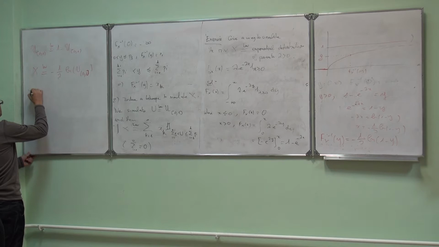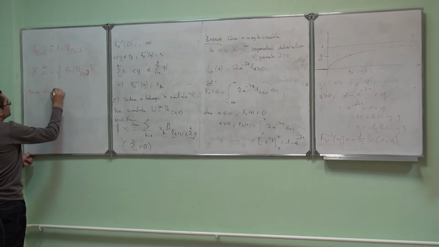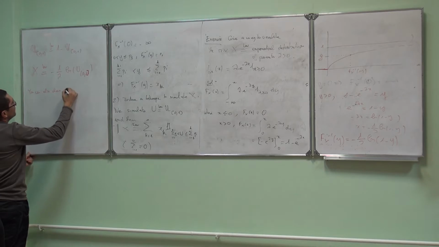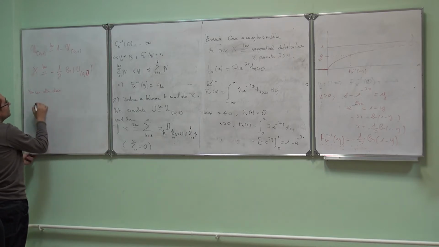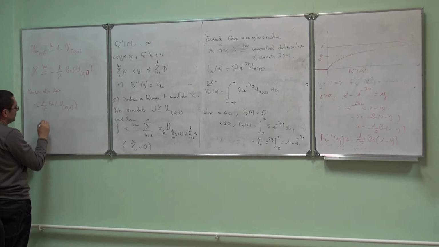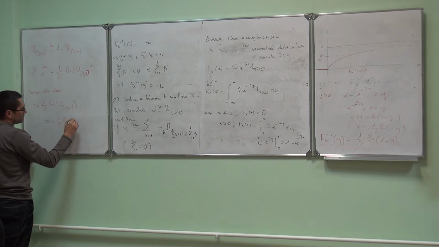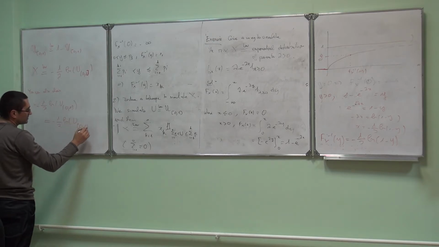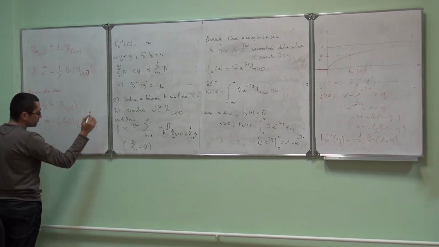You can also claim that X equals minus 1 over lambda logarithm of U of 0, 1, almost surely equals minus 1 over lambda logarithm of U of 0, 1 times the indicator function of U different from 0.